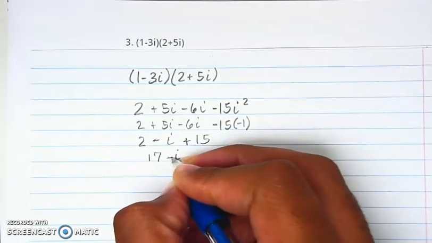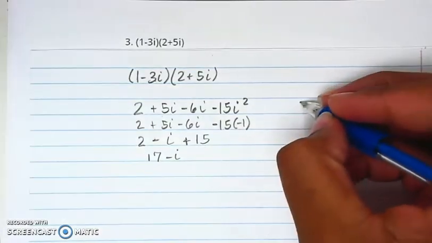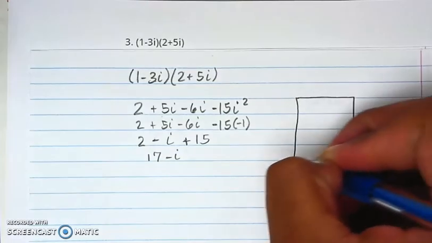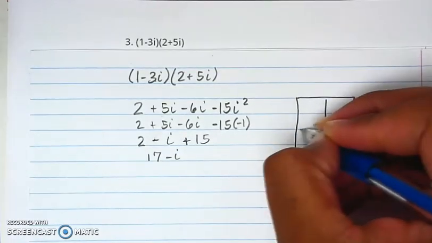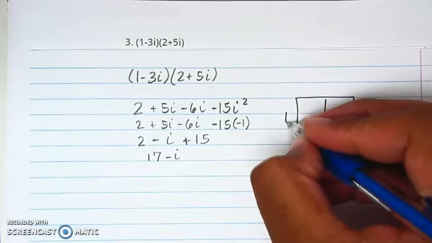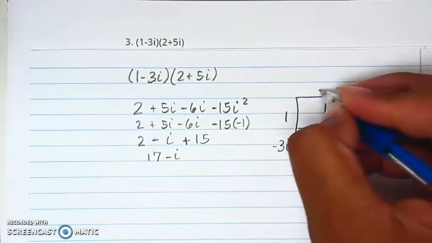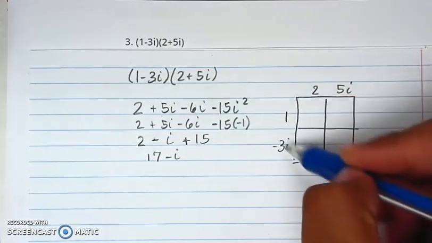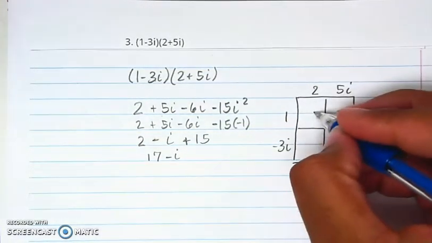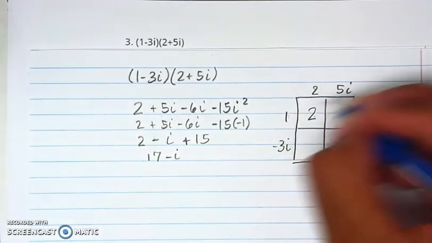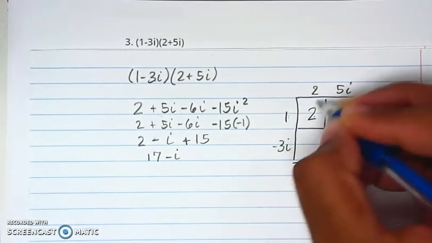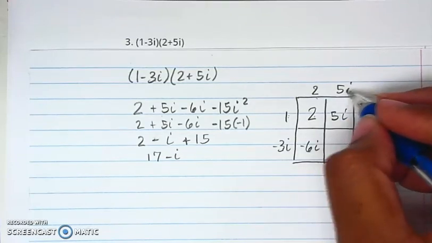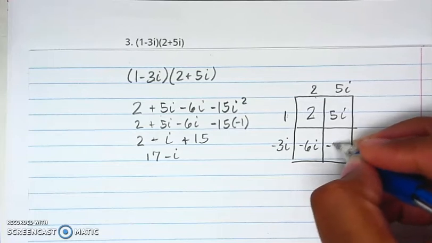I'm also going to do the box method really quick so that if anybody wants to see that, I show you both ways. You have 1 and negative 3i, and you have 2 and 5i. So 1 times 2 is 2. 1 times 5i is 5i. Negative 3i times 2 is negative 6i. And then negative 3i times 5i is negative 15i squared.